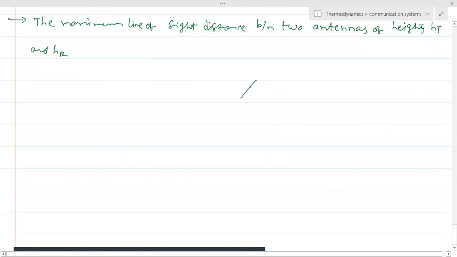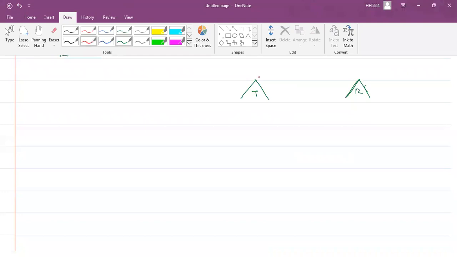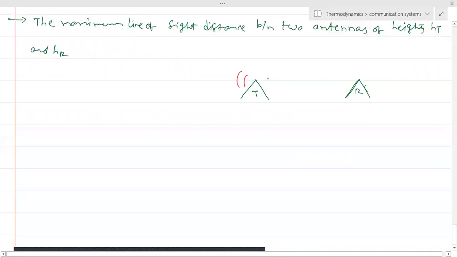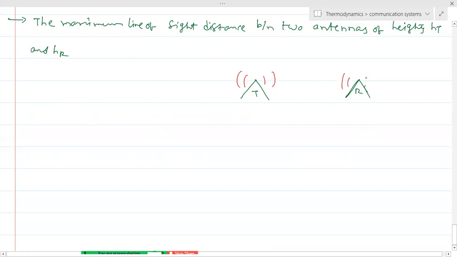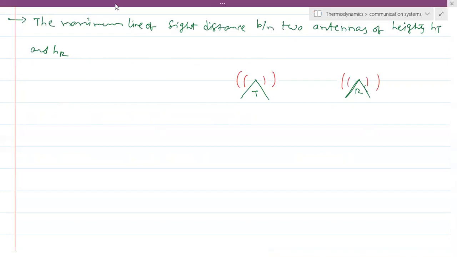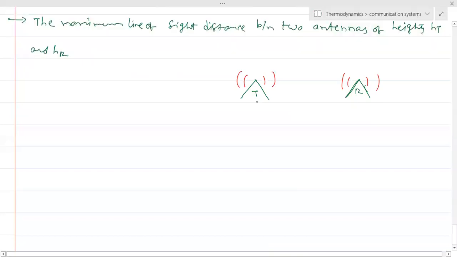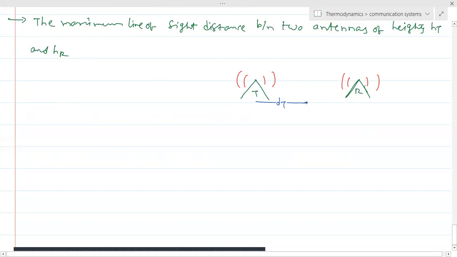For example, we have a tower called transmitter and another tower called receiver. Just now we have studied, it is able to emit the waves and it is also able to receive the signal, and so is this one. So this will be DT, the range of transmitter, and this will be DR, the range of receiver.